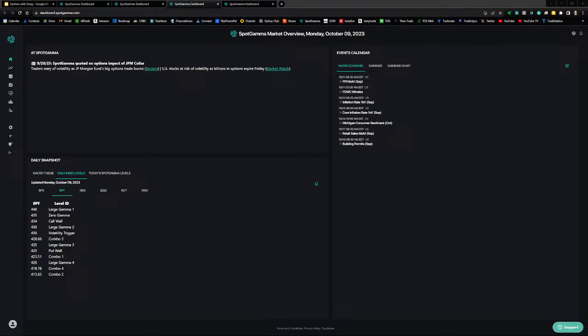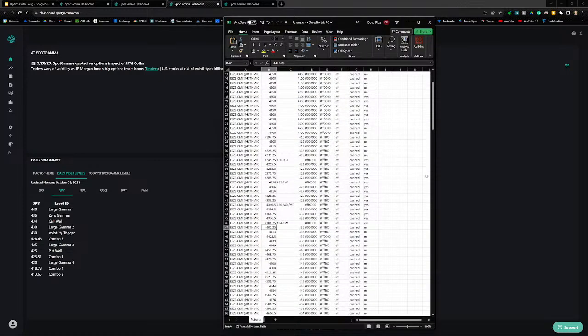All right, the next thing I do is update these levels in my spreadsheet here. So here are the SPY levels, the levels that I just pointed out, the 420 level, 425, 430, 434.